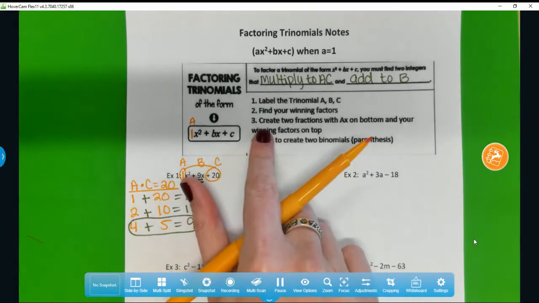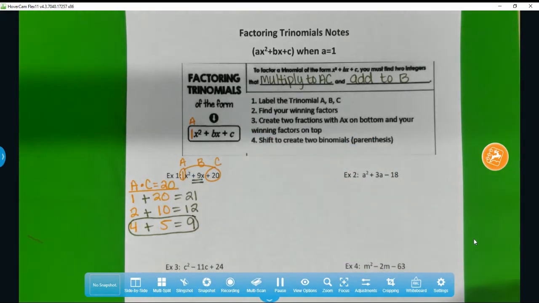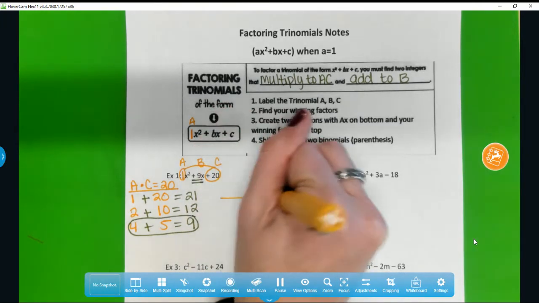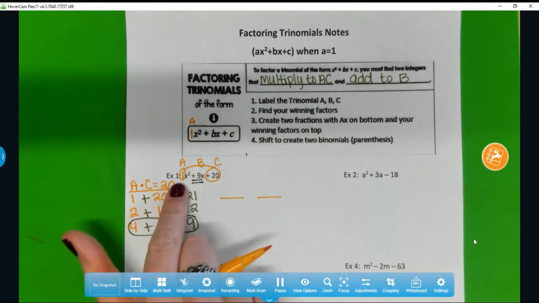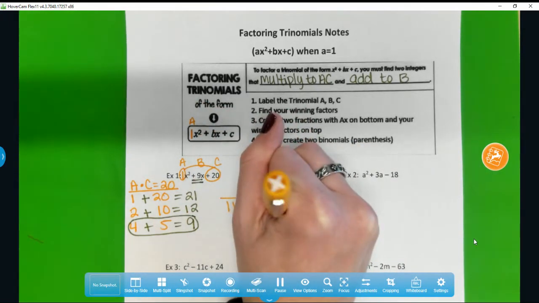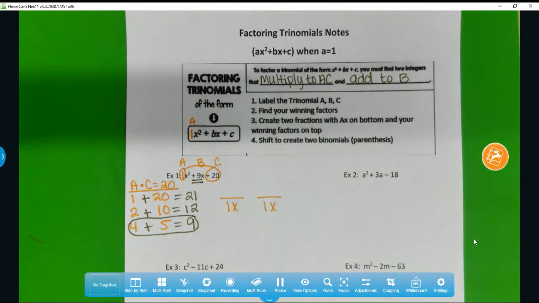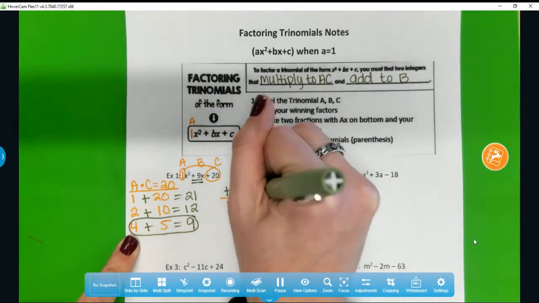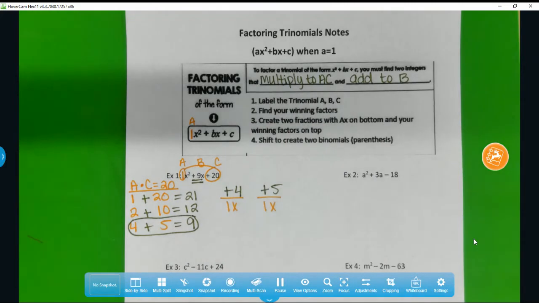Now, step 3, create two fractions with AX at the bottom. In this case, AX is 1x, so 1x is going to go at the bottom of both. My winning factors go on top. So I had a plus 4 and a plus 5. It doesn't matter which one goes where.